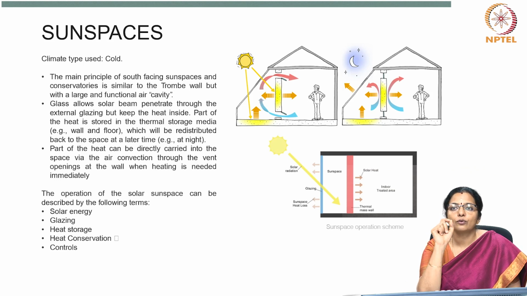Heat always flows from a hotter to a colder body. The masonry used in the sun space for heat storage needs to have both high heat capacity and thermal conductivity, like, say, brick or concrete or stone.